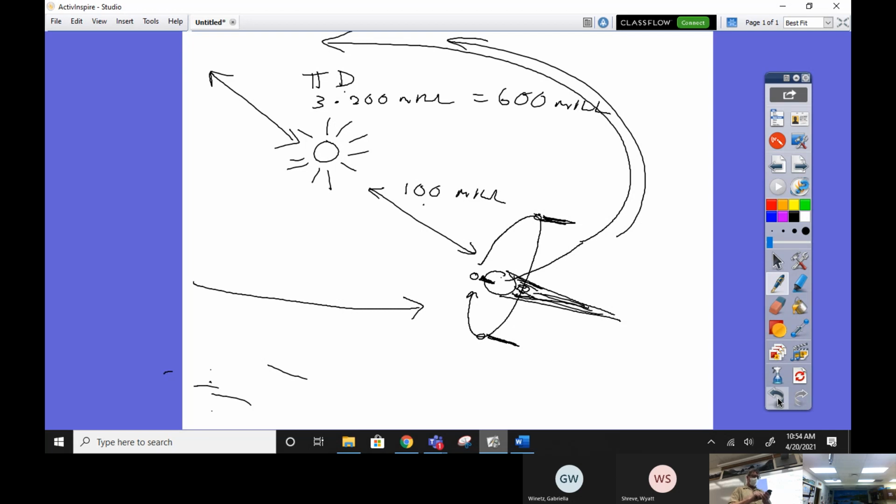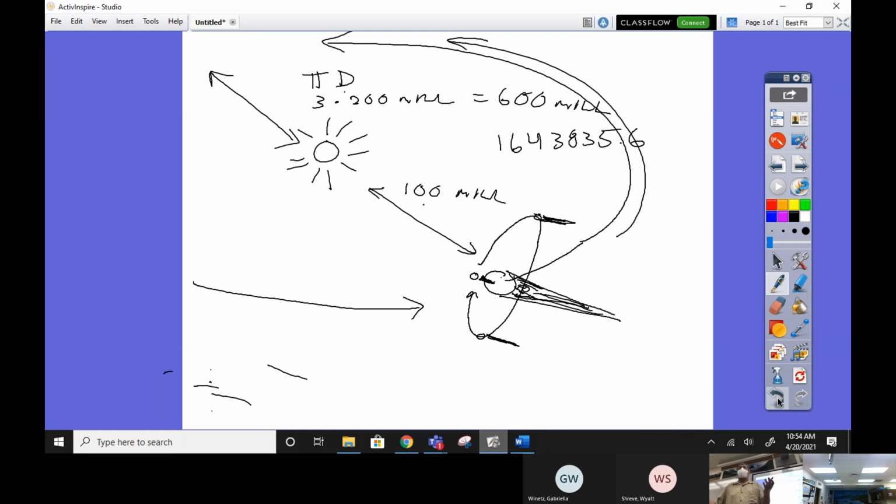So if I put 600 million, does that give me all the zeros I need? I need 600, I need 3 more, and then I need 3 more. Yep. And then I divide by 365. That's going to tell me miles per day. So we're going 1,643,835.6 miles per day.